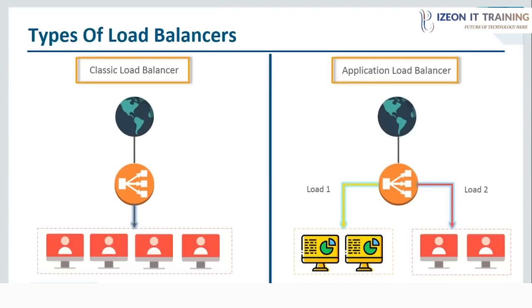For example, in your website or application, you have a part wherein you can process images, and you have a part where you have your blogging section. If you want to process the image, you want your traffic to go to a different set of servers, which are auto scaled in their own auto scaling group.